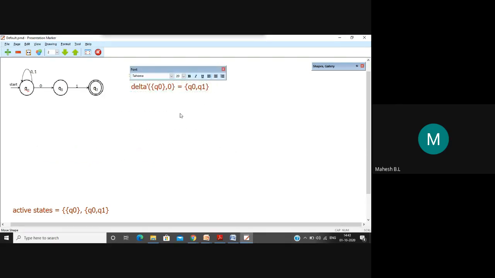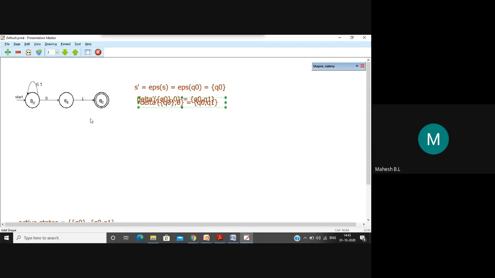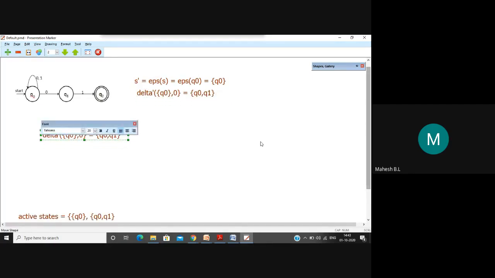So this is delta dash. Now we need to compute delta dash for another symbol in the alphabet, that is 1. So we need to compute delta dash of Q naught comma 1.